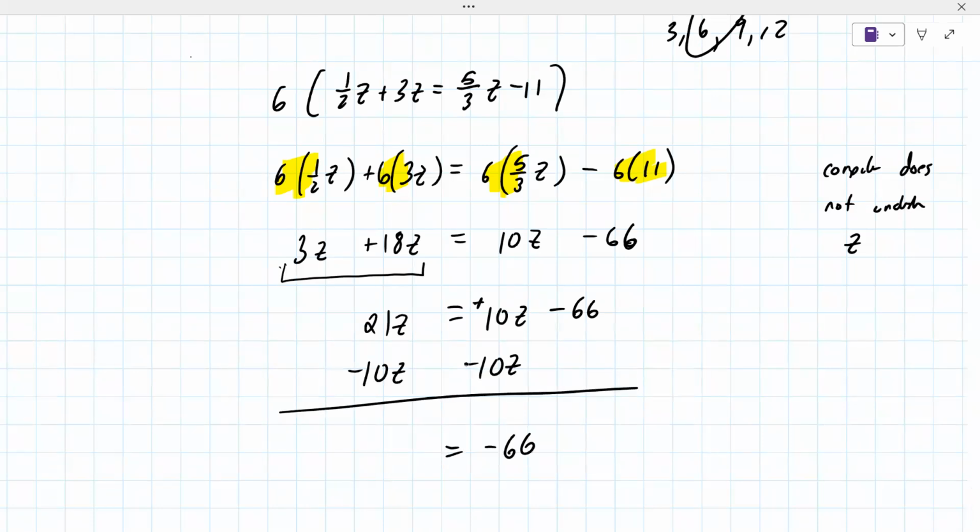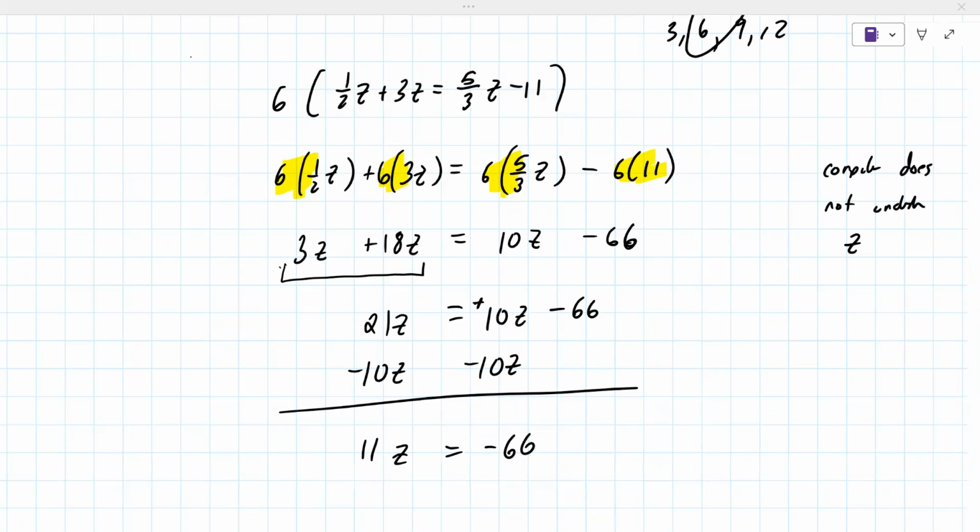All right, so tell me what the left side becomes. 21z minus 10z. The z remains. 11z. Okay, good. Now how do you undo multiplication by 11?